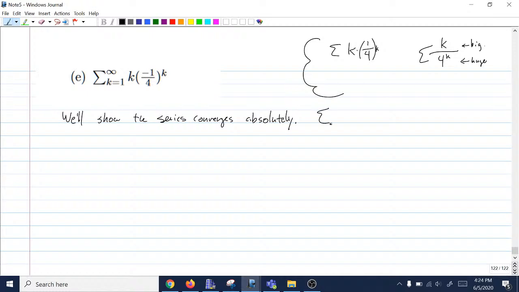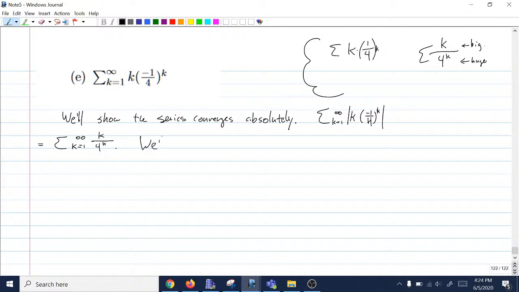The sum, k equals 1 to infinity of the absolute value of the things, which I'm saying because that's the definition of converging absolutely, equals the sum of k over 4 to the k.